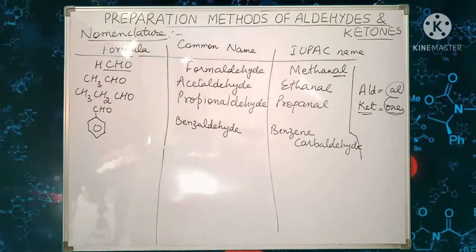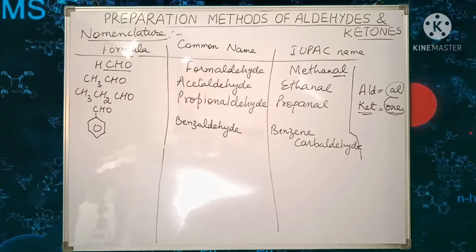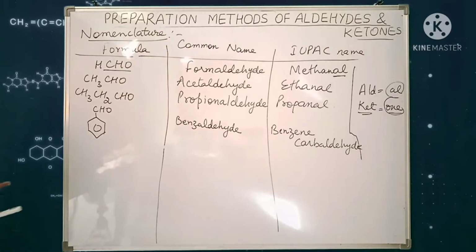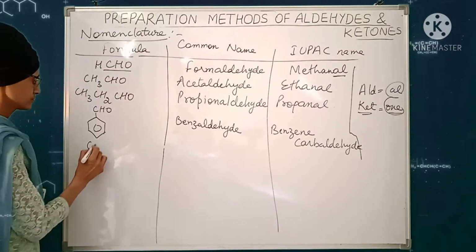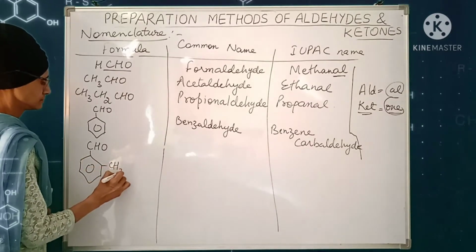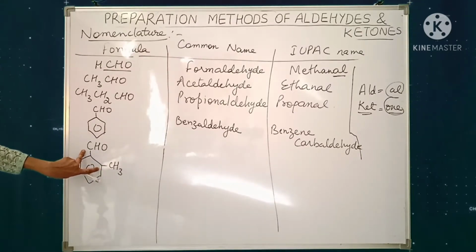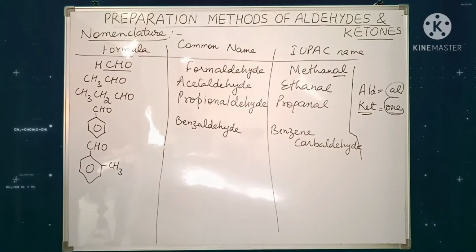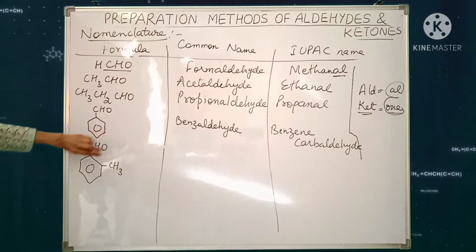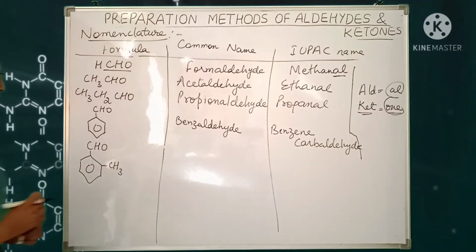Now coming to the next member, an aromatic aldehyde. You can see the two groups are at the ortho position to each other. Basically it is a toluene ring having an aldehyde group also, so its common name will be tolualdehyde.